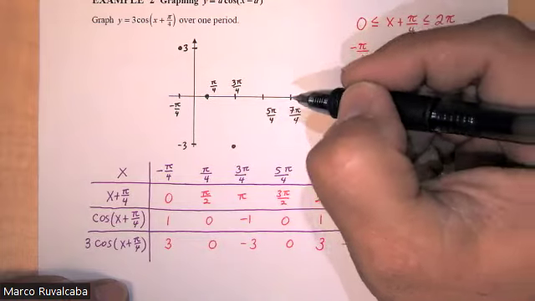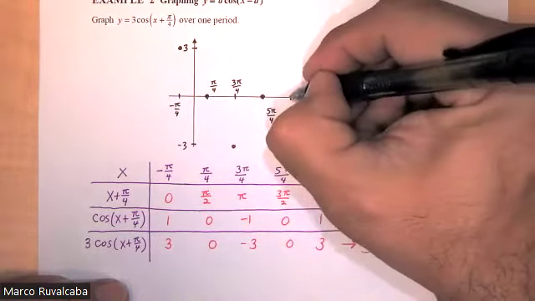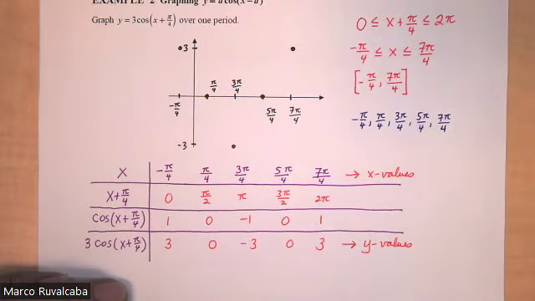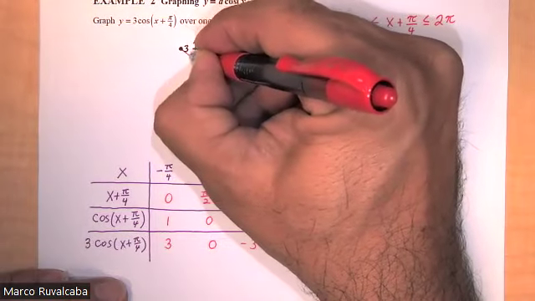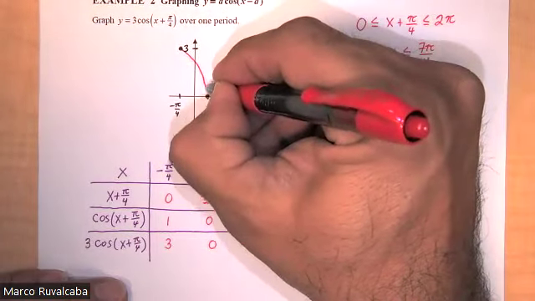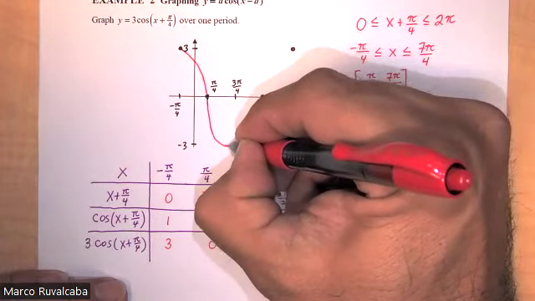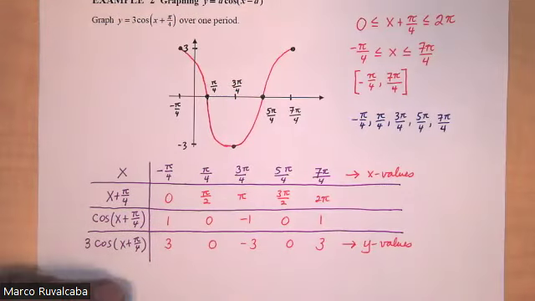And then 5 pi fourths, 0. And 7 pi fourths, 3. And so that's our cosine curve. Okay, and there you have it.